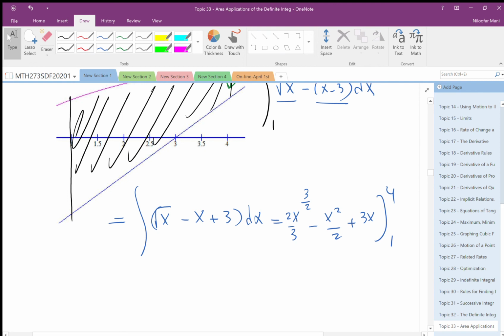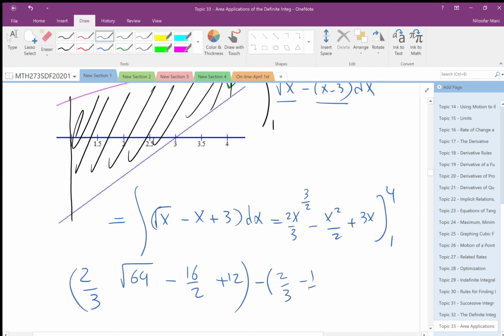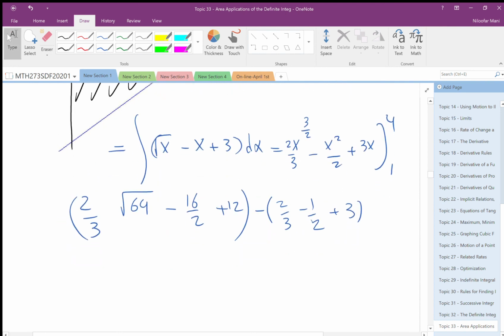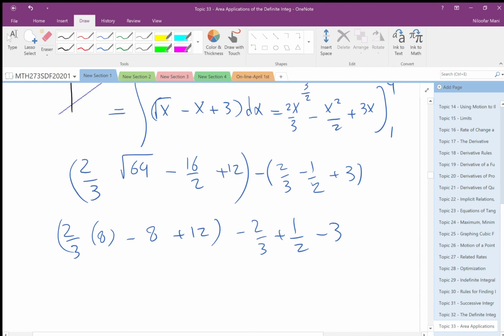Now you find the answer. 2 over 3 radical 64 minus 16 over 2 plus 12, minus 2 over 3 minus 1 over 2 plus 3, which is 2 over 3 times 8 minus 8 plus 12 minus 2 over 3 plus 1 over 2 minus 3, and find the answer.